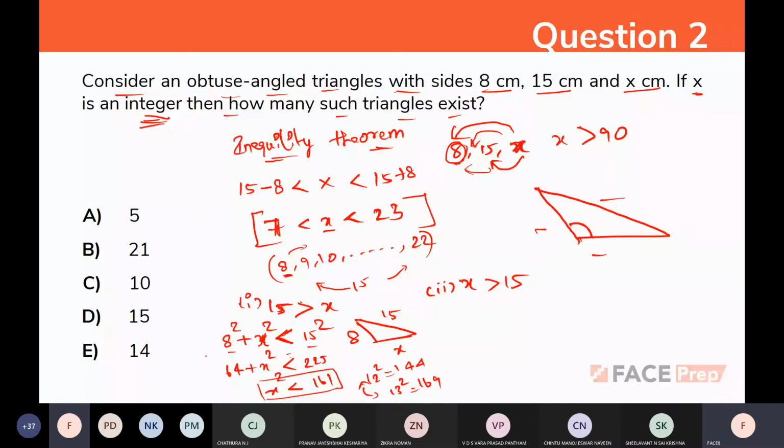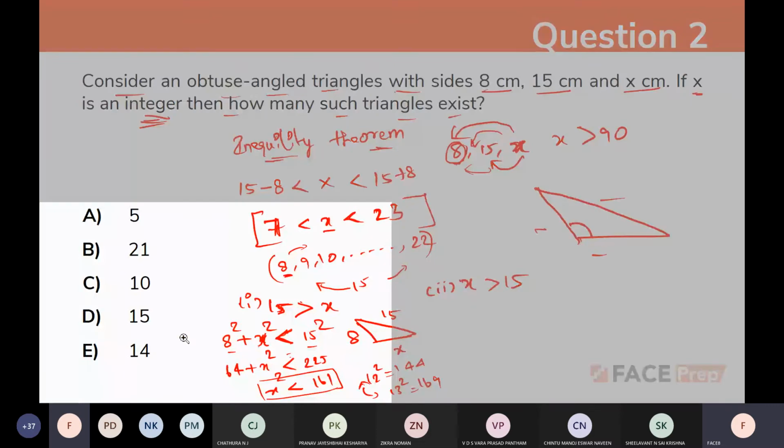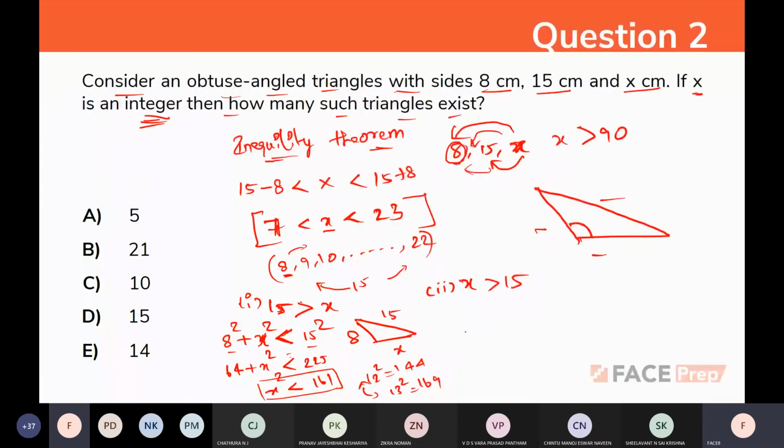So we can approximately take x is less than 13. Okay, so because 13 is the nearer square root for 161, we can take approximately x is less than 13. Clear? So this is the first case.